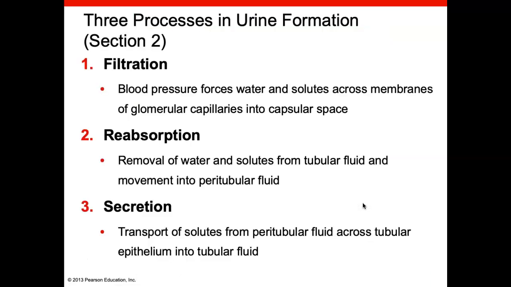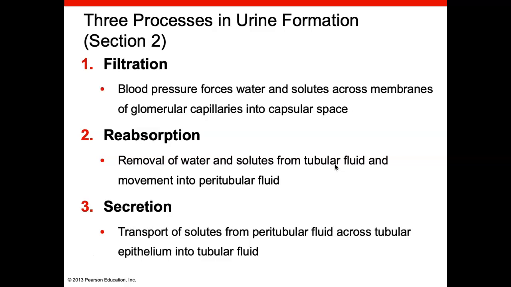So know these three processes of urine formation: filtration, reabsorption, and secretion. Step 1, filtration. Blood pressure forces water and solutes across membranes of the glomerular capillaries into the nephron, into the tubule.